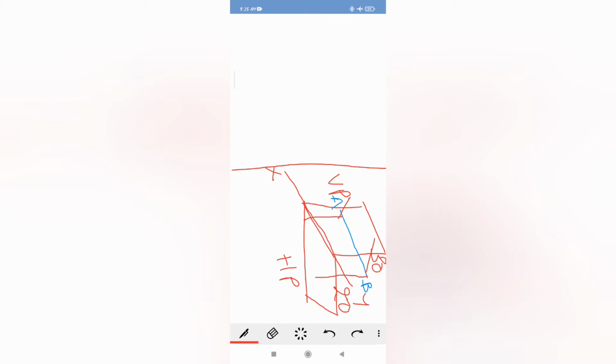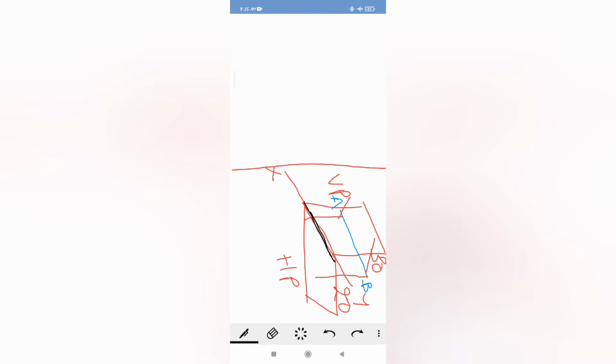As we discussed just now, whenever the line is parallel to both the planes, the true length of the line can be seen from both the front view and the top view, parallel to this XY line.